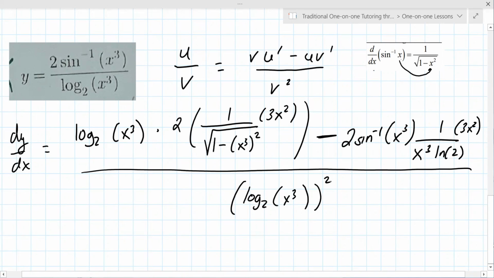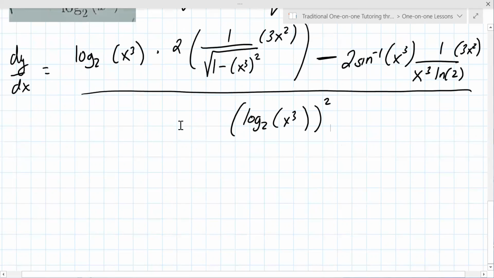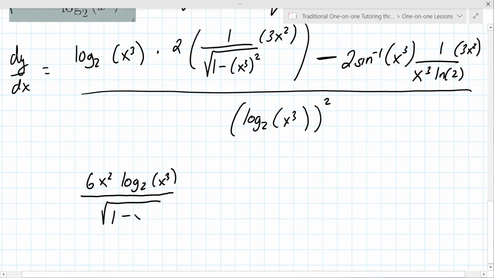So then you square the bottom. On the left here, all of this is mashed together, so maybe just rewriting it will show you. It's 2 times 3x squared, which gives you the 6x squared, log base 2 of x cubed, over the square root of 1 minus x to the 6th.